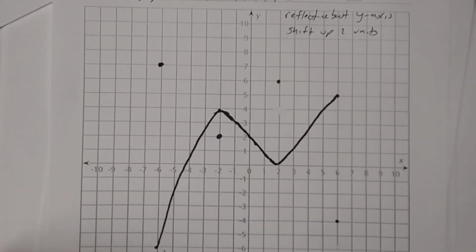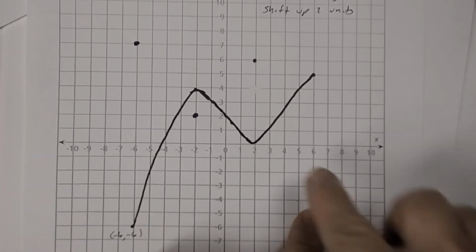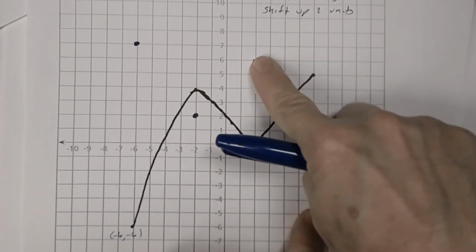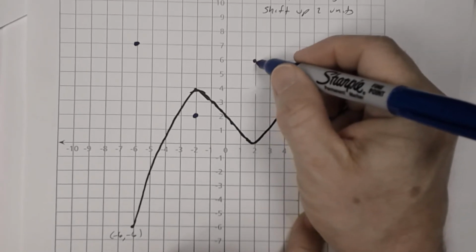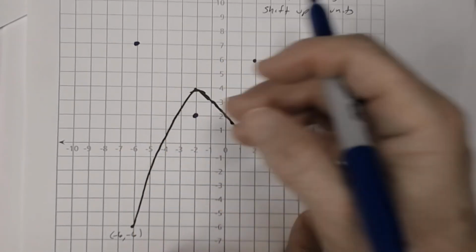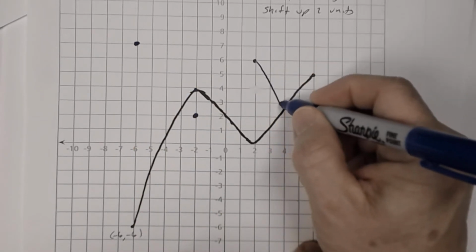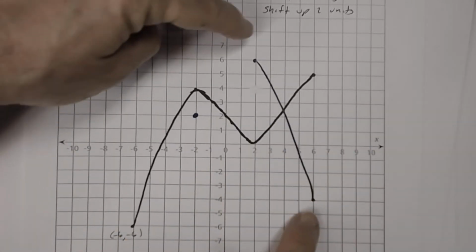So let's think about what we're doing. The first thing we did was this right here, right? So here's what I would do. This right here became this. This right here became this. Okay, so just make the shape about the same, so you're reflecting across the y-axis, so it should look something like this. So this becomes this.